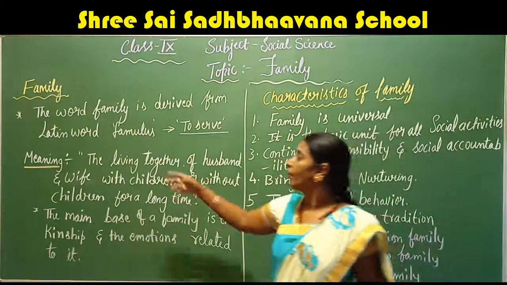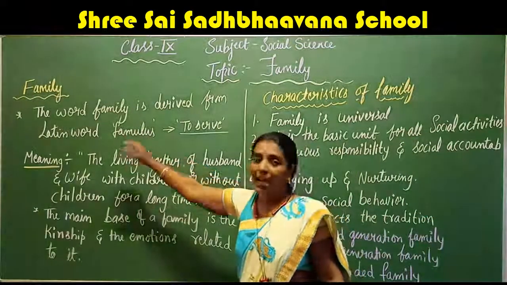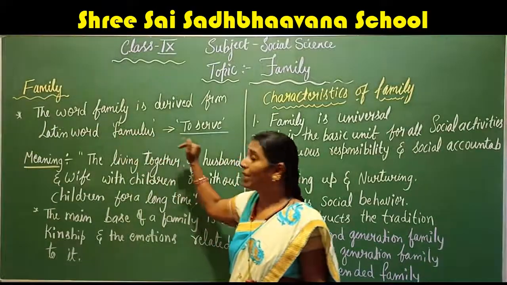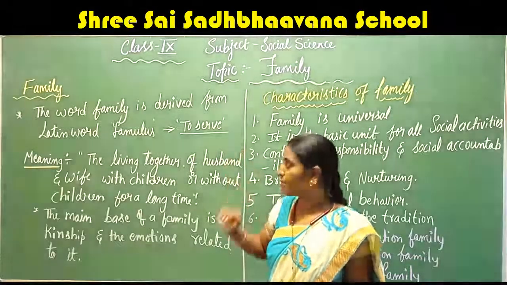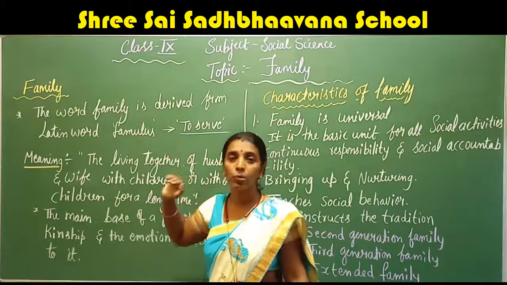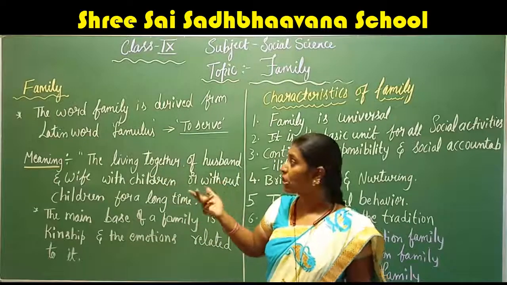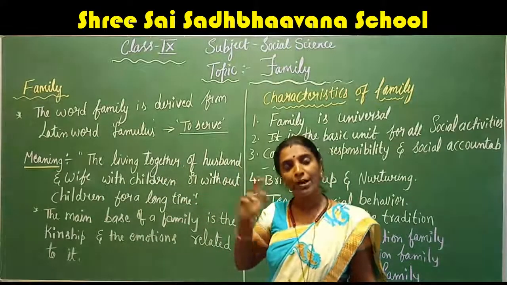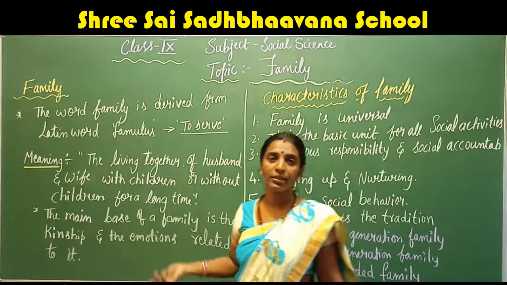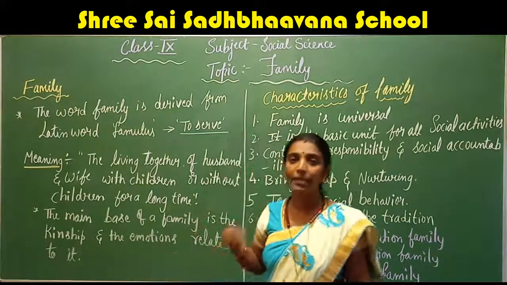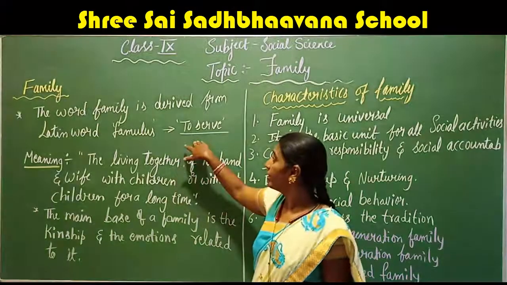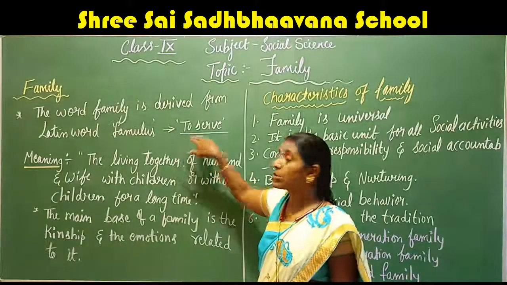Because the word family is derived from the ancient Latin word famulus, meaning to serve, ancient families included not only the wife, husband, and children, but more members than them. So it has given the meaning to serve.